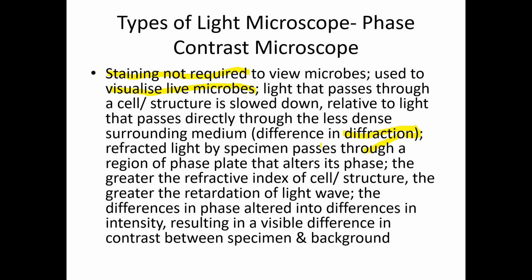Can anybody tell me what that structure on the dark field microscope was? It will not permit the direct entry of light through the condenser lens. And in dark field microscopy, there is another speciality: the light which is reflected by the specimen will only enter the objective lens. There was a special structure.